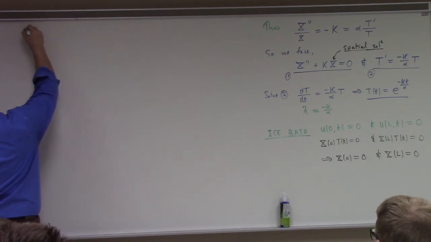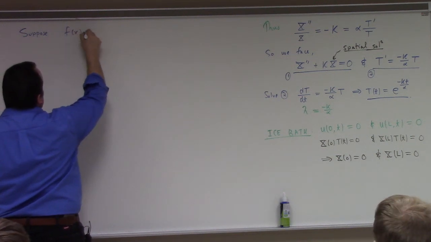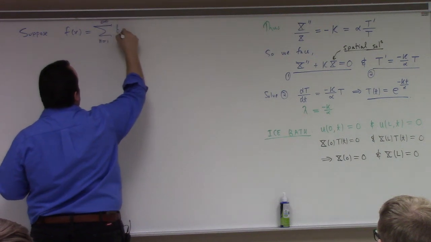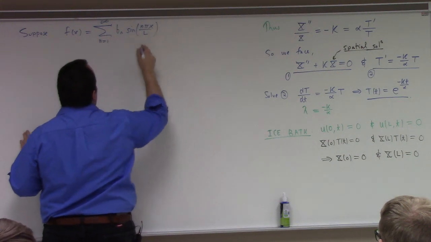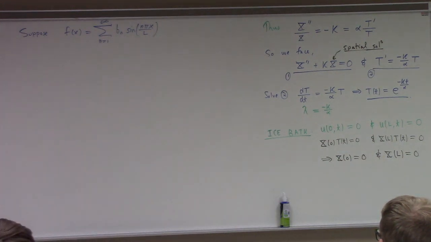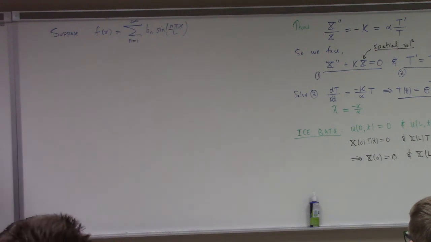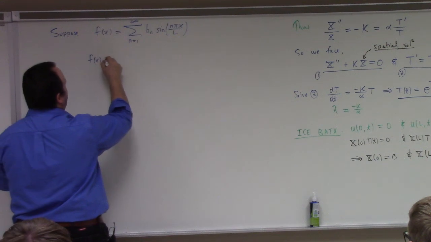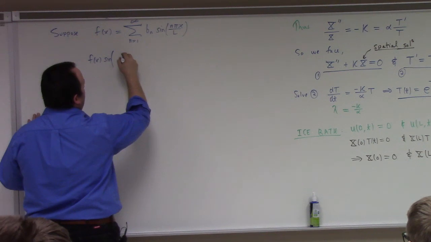So let's suppose it's possible. Suppose we can write f of x is equal to the sum n equals 1 to infinity of b sub n sine of n pi x over L. All right? What we do is something kind of sneaky. We multiply this by f of x times, let's say, the sine of, let's say m.